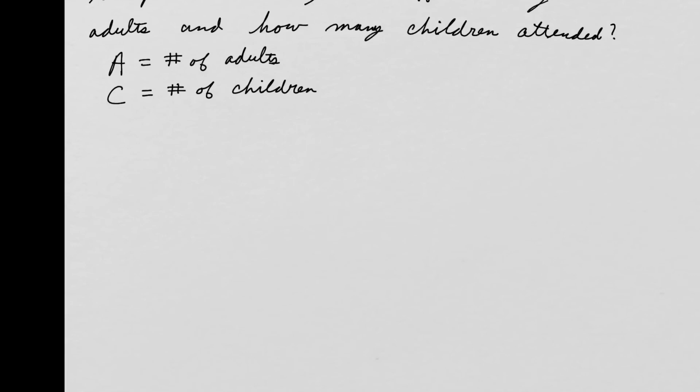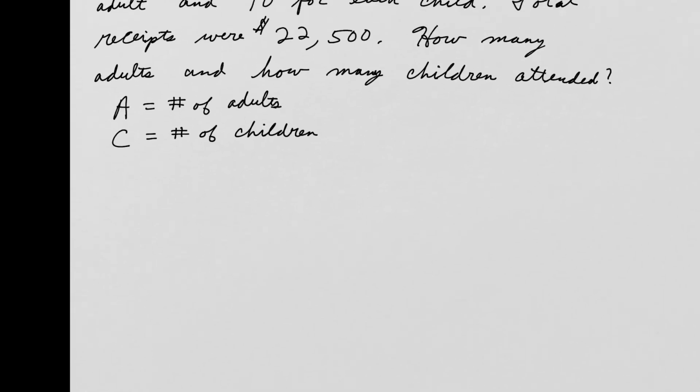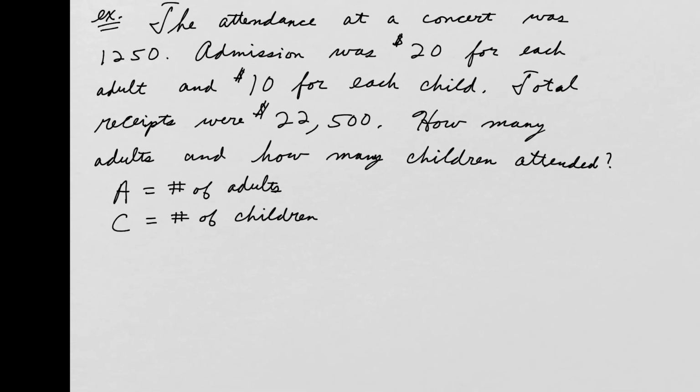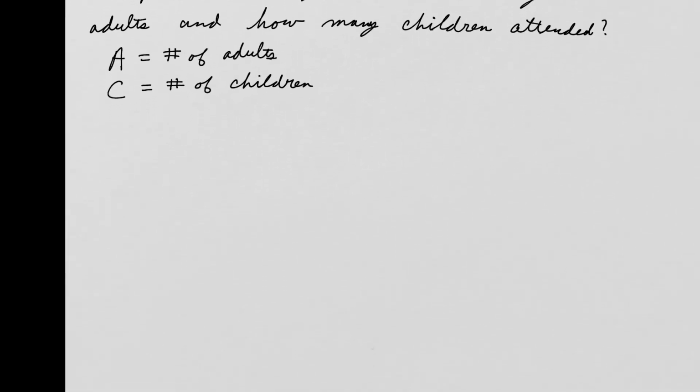Given all this information, we want to come up with two linear equations involving A and C. Well, the first sentence says that the attendance at the concert was 1,250. There's 1,250 total people. So doesn't that imply that if I add the number of adults, A, plus the number of children, C, it has to equal 1,250?